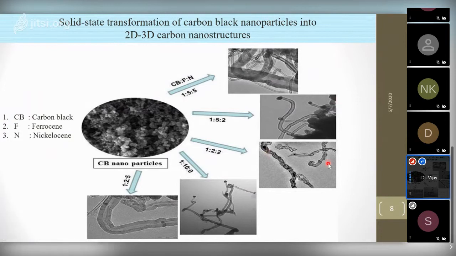Here it's like nano chains, and there are some open-edge carbon nanotubes. Here it's top-edge metal-decorated carbon nanotubes. So these things are possible with the phase transformation I did. So this can be used for different applications.